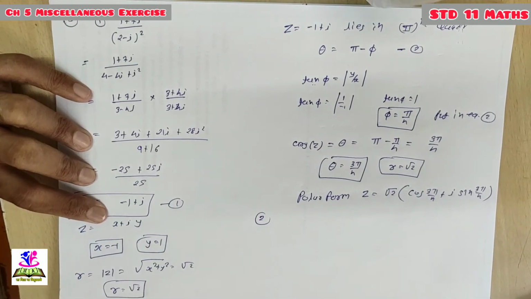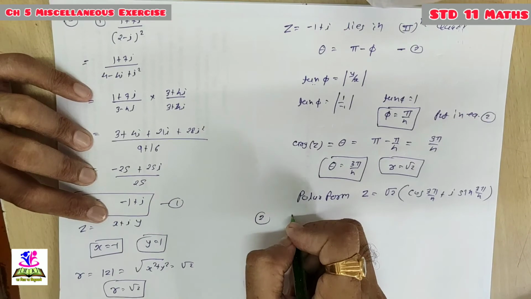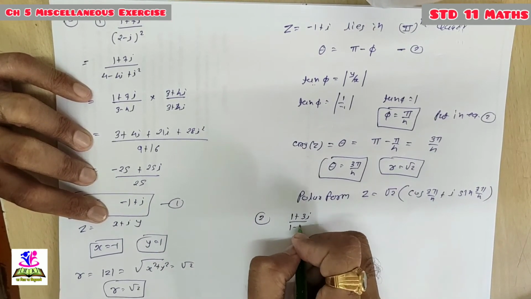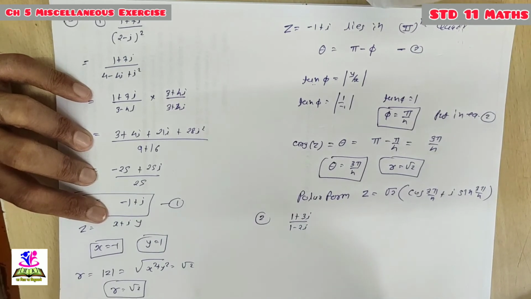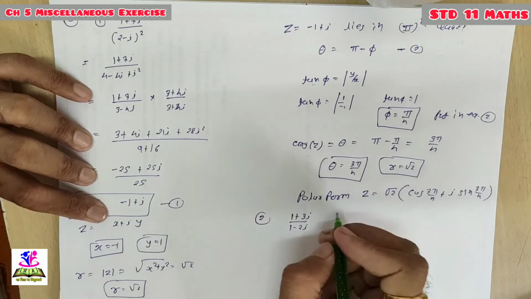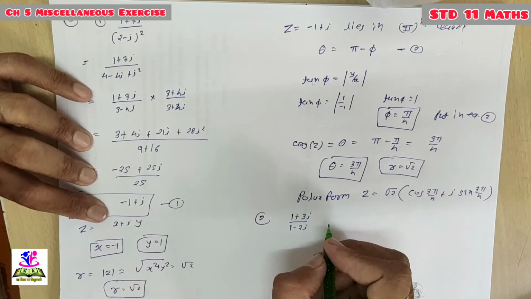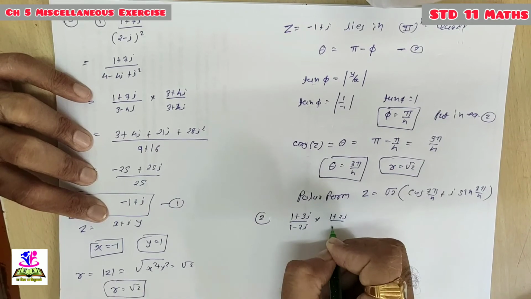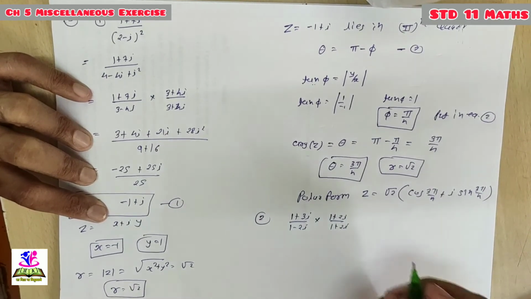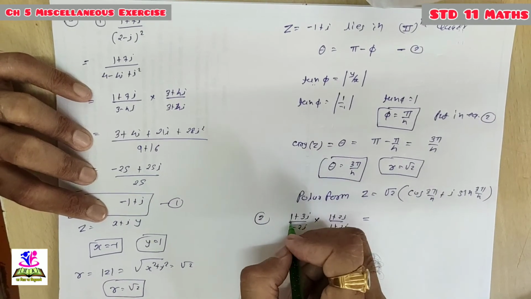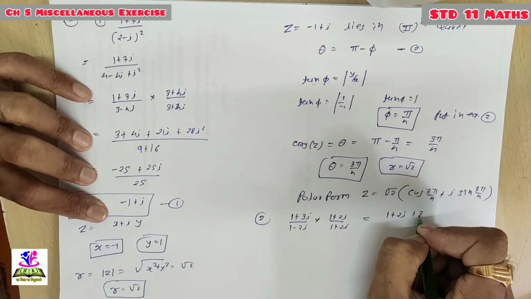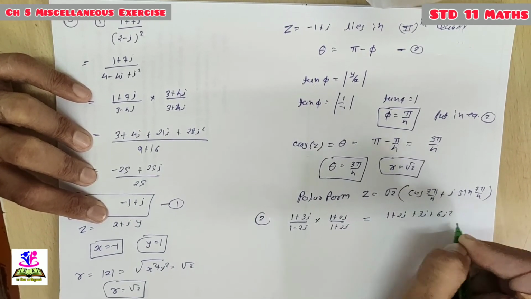Now second part. Here we are given 1 plus 3i upon 1 minus 2i. So first we have to simplify this. For simplification, multiply by the complex conjugate of the denominator, 1 plus 2i upon 1 plus 2i. Numerator expansion: 1 plus 2i plus 3i plus 6i square.